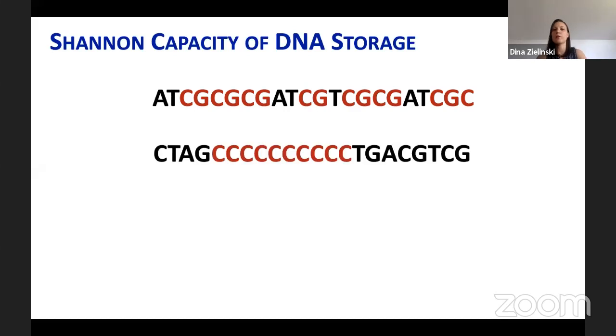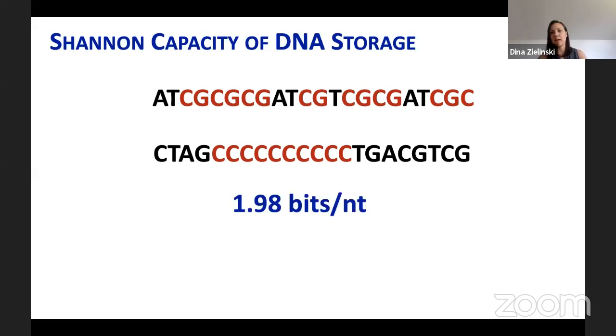We also, when we're trying to store data in DNA, specifically avoid these long runs of a single letter. So here you see an example of a long run of C's. We try and keep those segments down to only 3 or 4 C's in a row, or 3 or 4 A's in a row, because this can, again, introduce errors in the DNA synthesis and the DNA sequencing process.